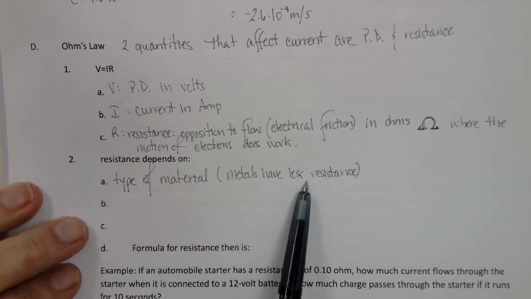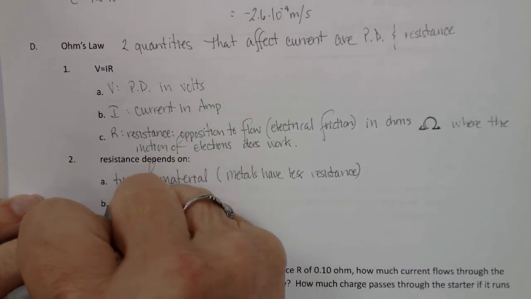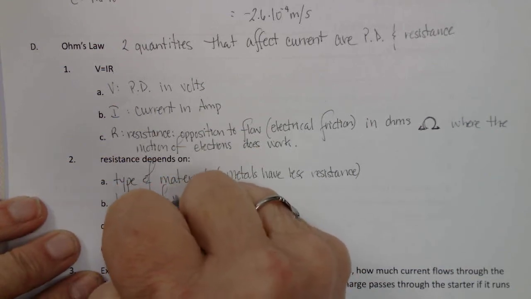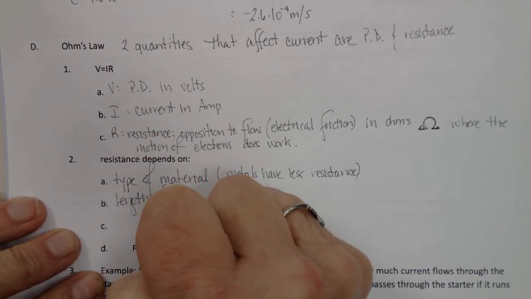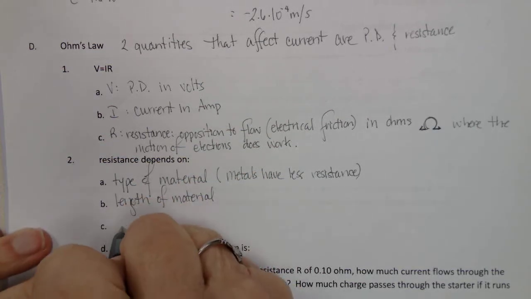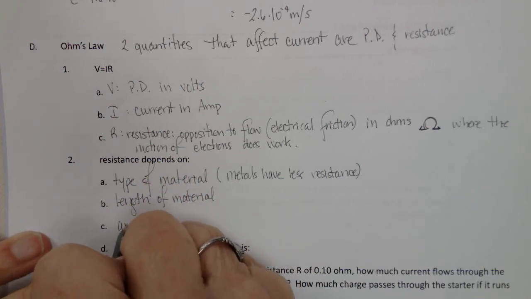So it depends on the type of material, the length of the material. The more the electrons have to interact with this resistor in terms of length, the more resistance is going to be built up. And the same thing with the area of the cross section.